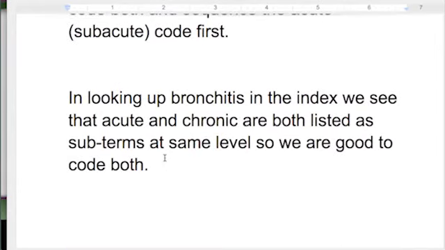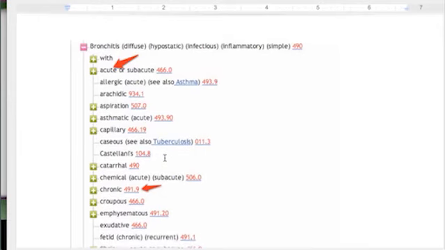So we need to look at the index and see if the acute subentry and the chronic subentry are at the same level. I took this from Supercoder, and here's bronchitis, and then indented is acute, and down here is chronic. They are indeed at the same level, so the guidelines tell us we should code the acute first.